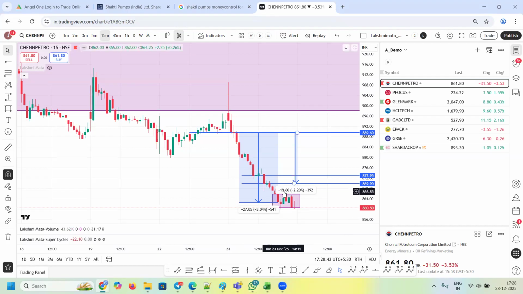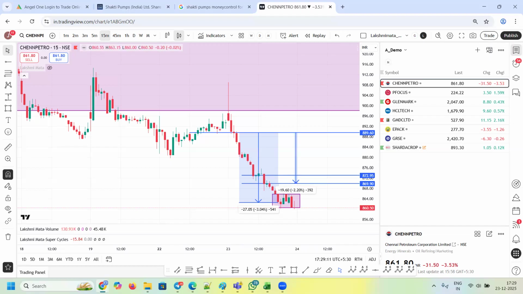So if you take 100 quantity, here you will get 1900 rupees. Do you get this? And here you will get 2700 rupees.